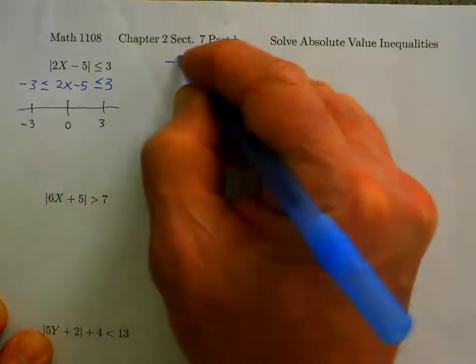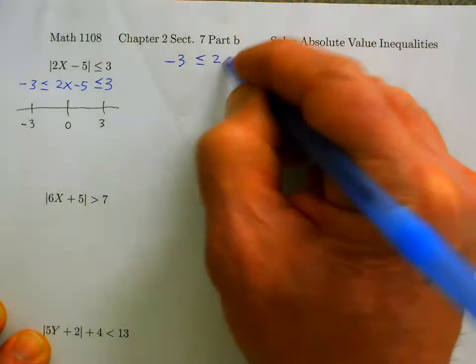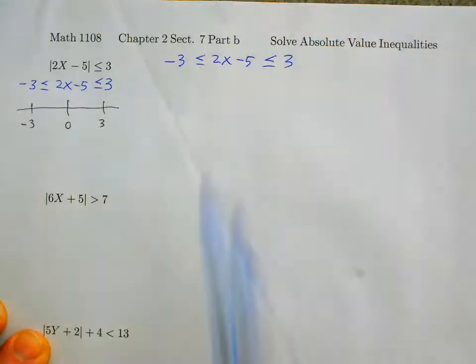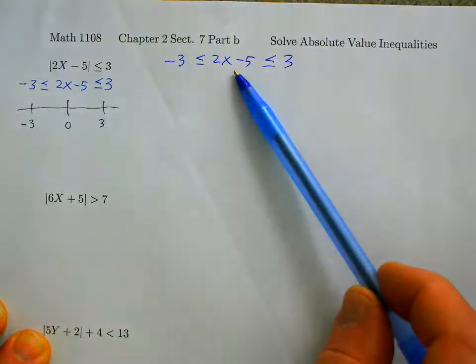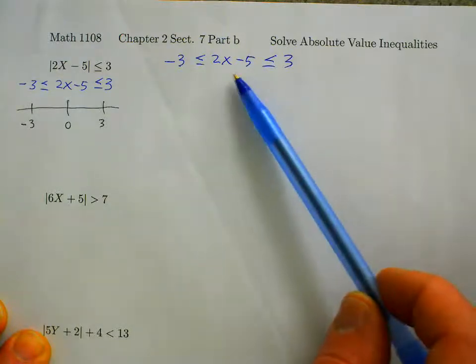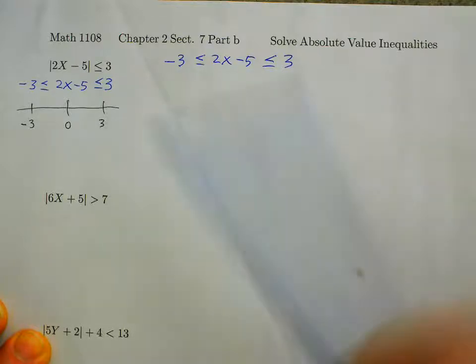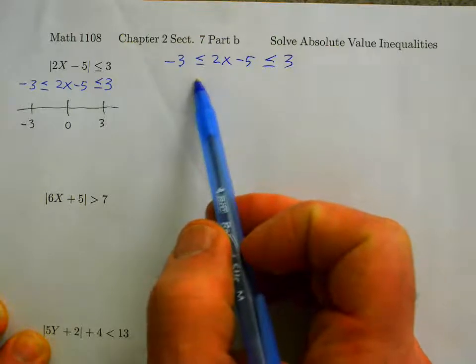So I'll rewrite that, and then we'll get x by itself in the middle. We're going to work on all 3 parts, doing the same thing to all 3 parts. The first thing we'll do is add 5 to each of the 3 parts to preserve the inequalities.